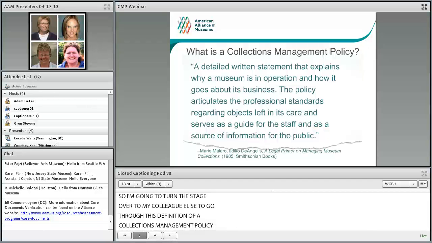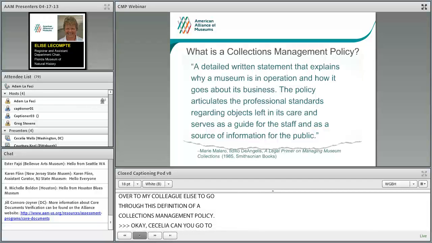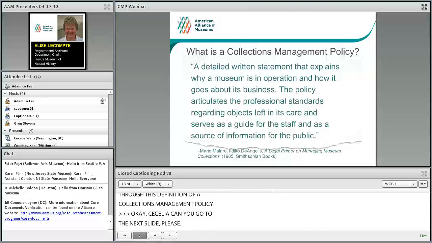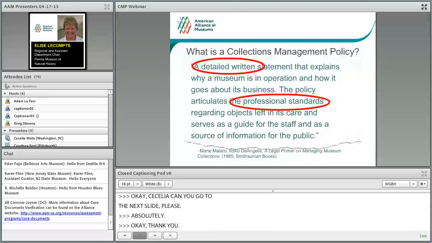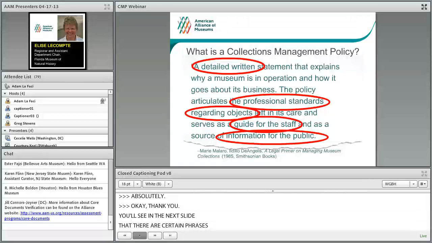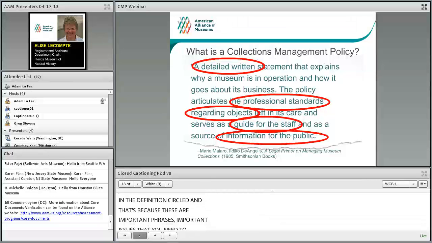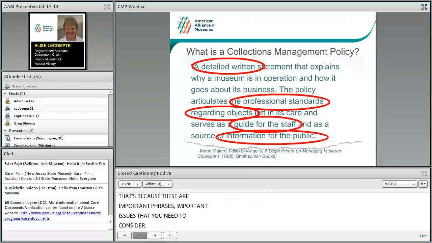Absolutely. Thank you. You'll see in the next slide that there are certain phrases in the definition circled, and that's because these are important phrases, important issues that you need to consider. The first thing is that the collections management policy is a detailed written statement. To have it in writing means that it prevents ambiguity, it promotes consistency, and most importantly, it provides accountability.